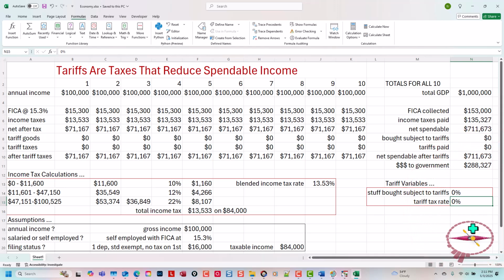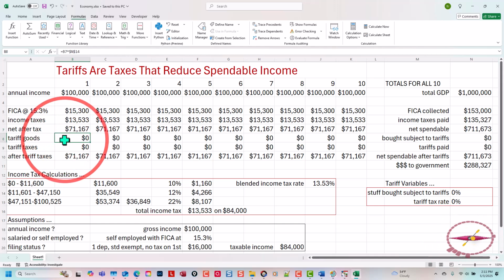To begin, we're going to assume that we didn't buy any items associated with tariffs, and the tariff rate is also zero. Accordingly, our $100,000 income would be reduced by $15,300 to cover the FICA taxes. Income taxes, as previously discussed, would be $13,533, giving us a net after-tax disposable income of $71,167.